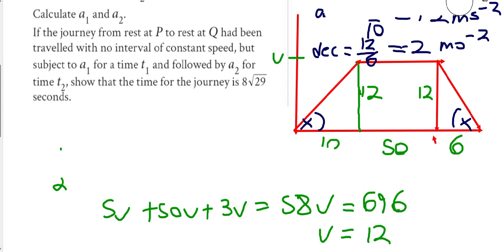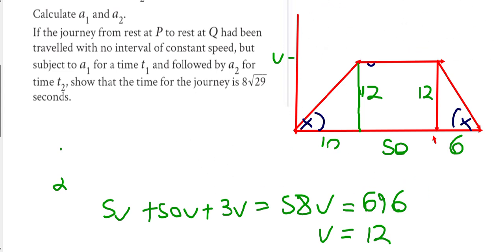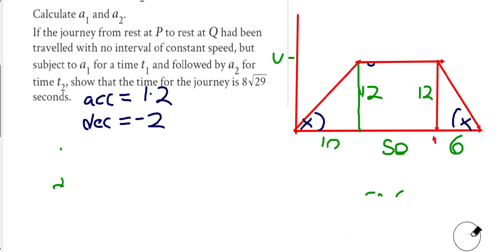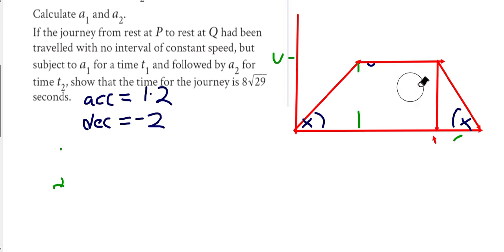So, we're just going to remember quickly that my acceleration is 1.2. My deceleration is magnitude 2, but obviously -2. And how am I going to change my diagram here? Straight up, straight down, yeah. So I'll draw that going up, and I'll draw this one.